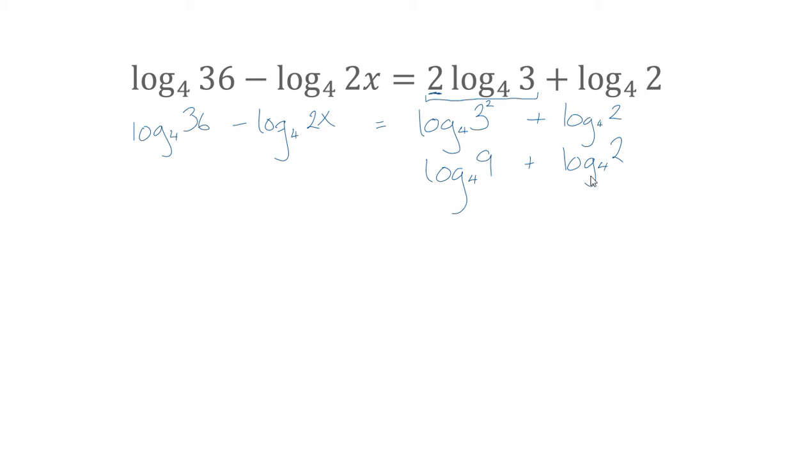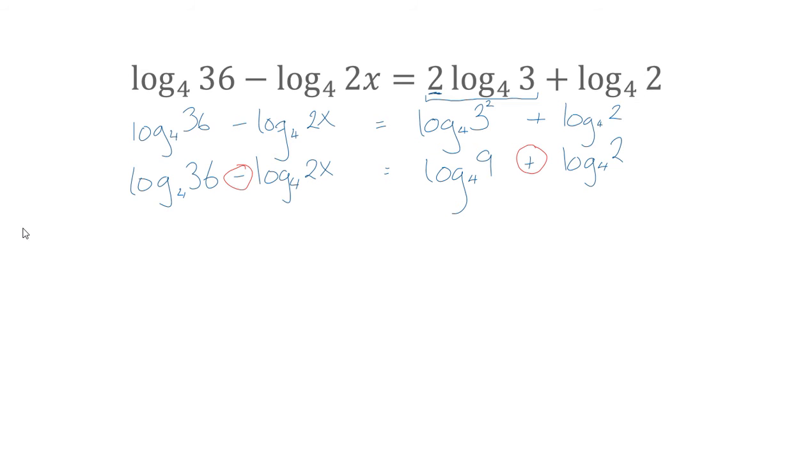Okay, now we are looking at different types of log rules on both sides here. So we have a log minus a log on this side. So I'm going to change the color here, and we've got a minus here, and we've got a plus here. We're going to use 2 different log rules here. One rule is called the quotient rule, and the quotient rule is used when we have a subtraction.